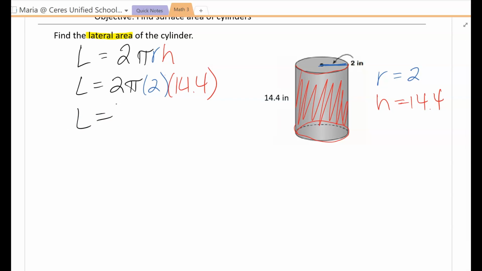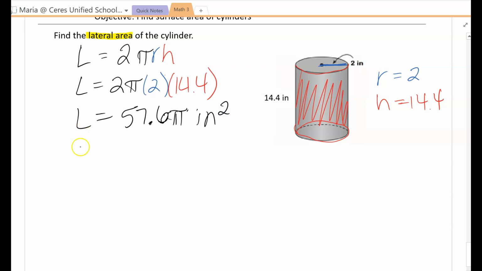So I'm just going to multiply the numbers together. So 2 times 2 times 14.4 is going to give you 57.6 pi.